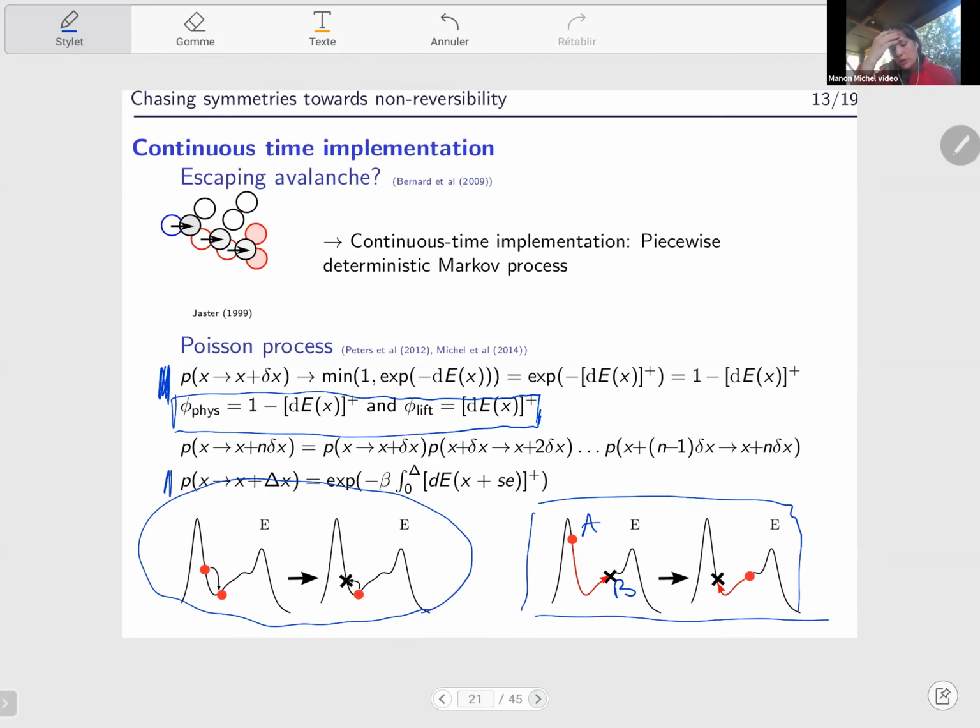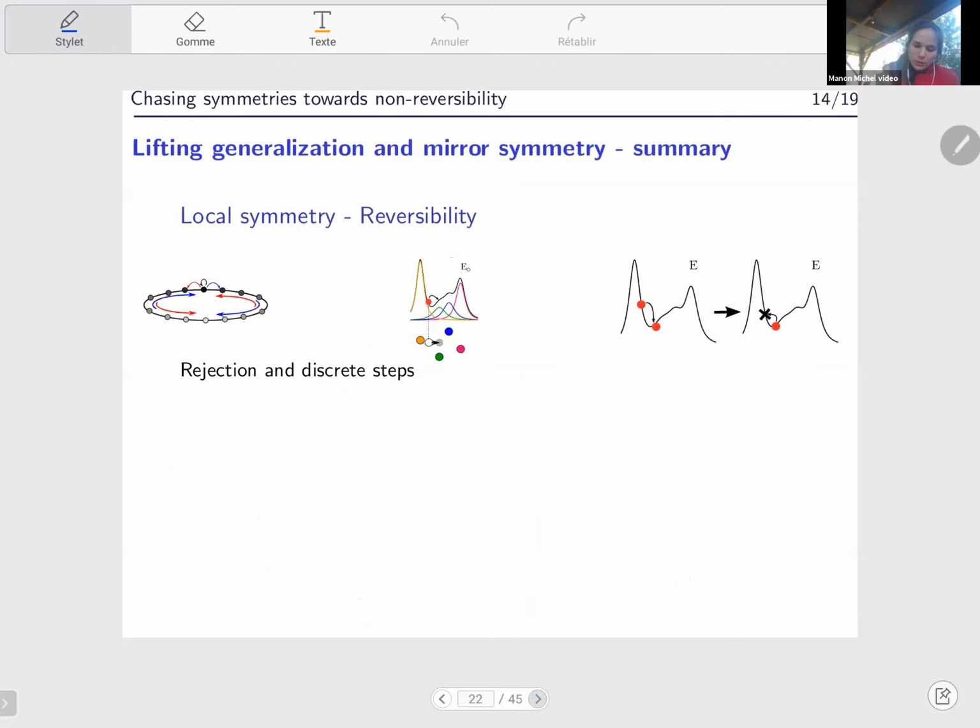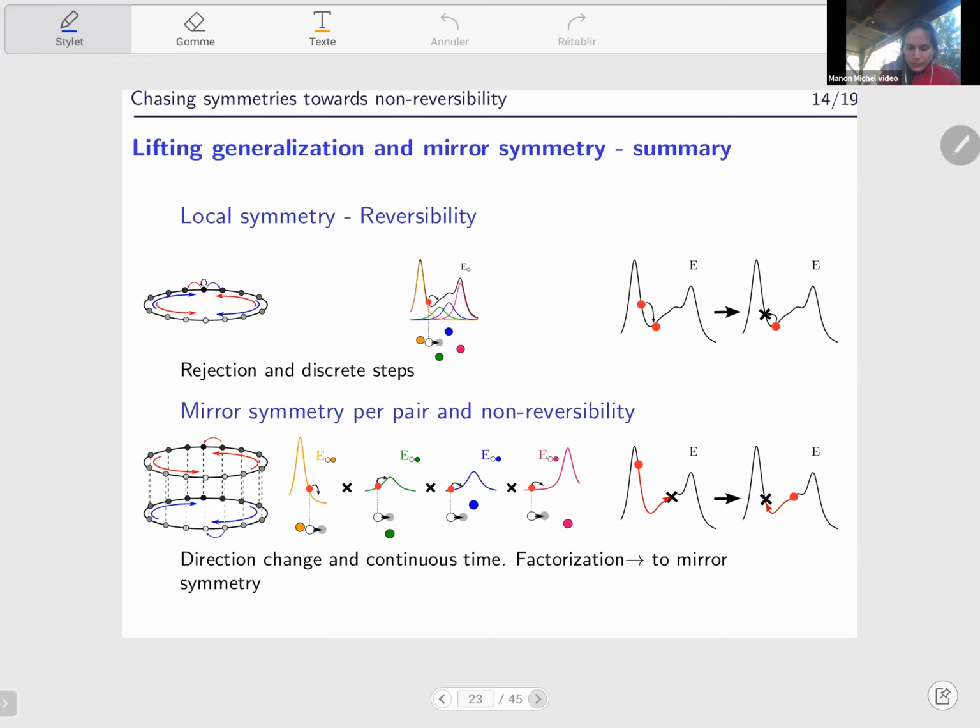Okay, so let me wrap this up. What I wanted to say is that people have been using local symmetry and reversibility to have Metropolis type schemes and correctness, okay? And correctness was made through rejection. In order to update it to a global balance scheme, we needed to upgrade this local symmetry into a global one.